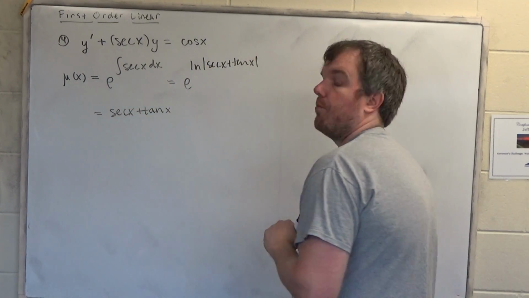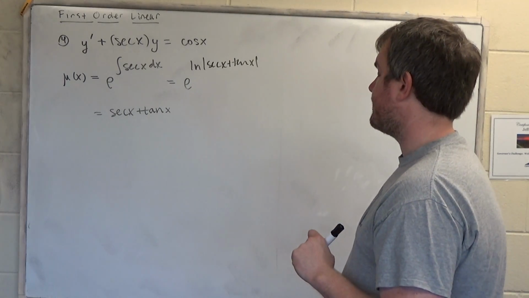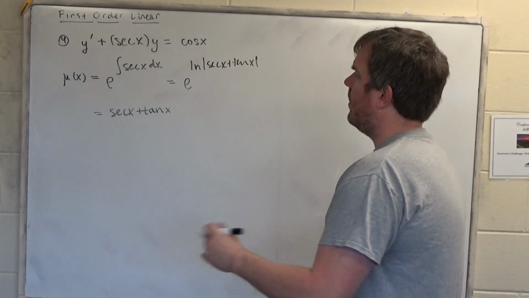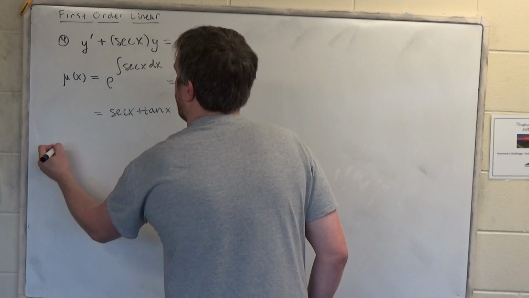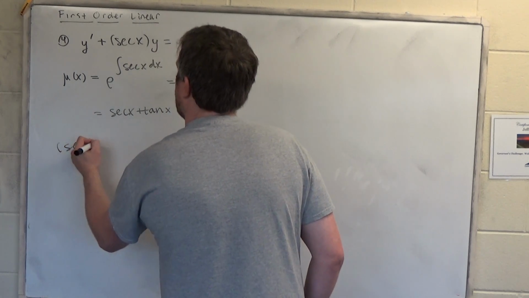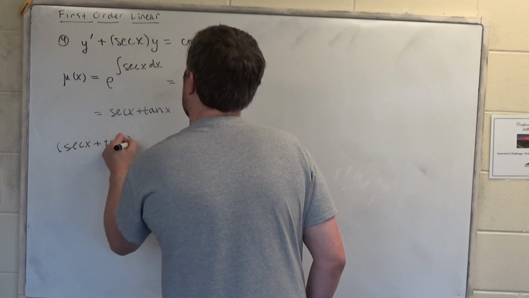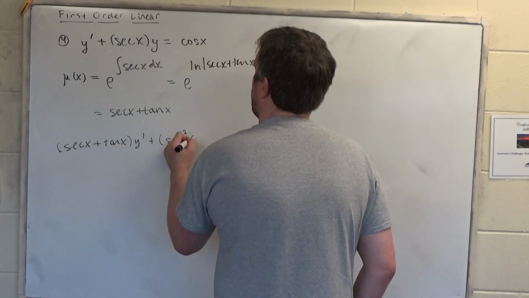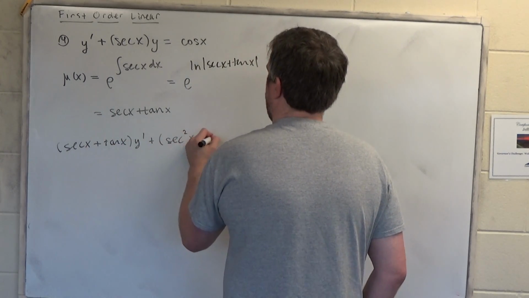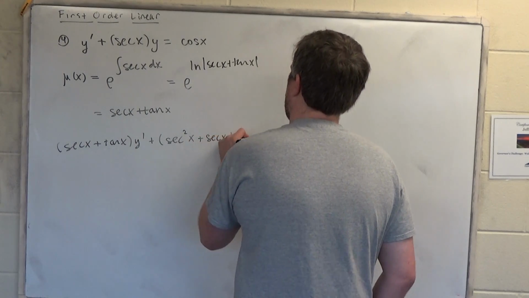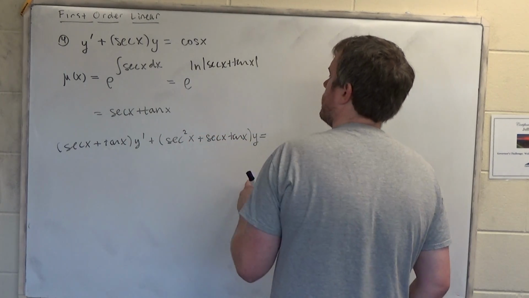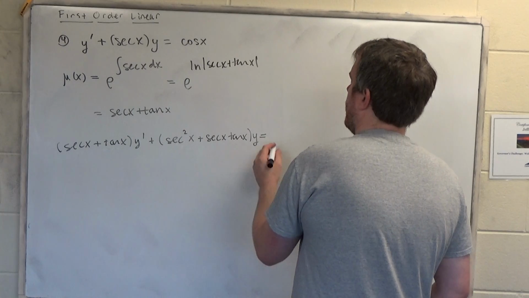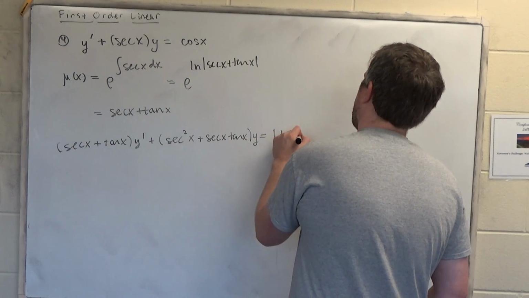And forget about the absolute value for now. Okay, well, when I multiply through by that, I get secant x plus tangent x, y prime, plus secant squared x, plus secant x tangent x, y, equals, now when I multiply by cosine, I get 1 plus sine x.